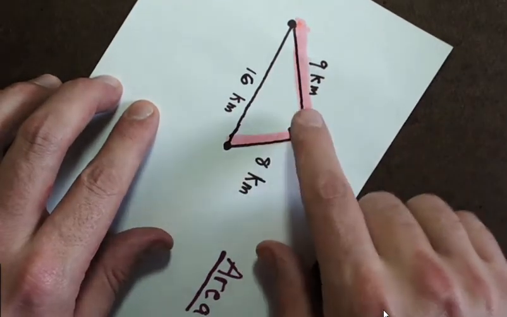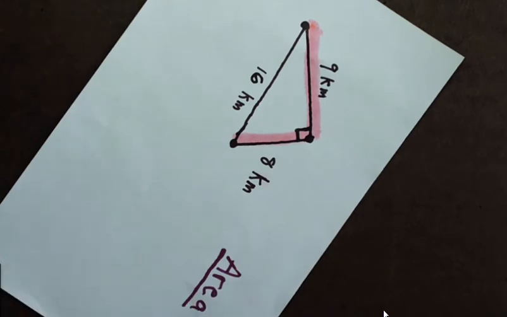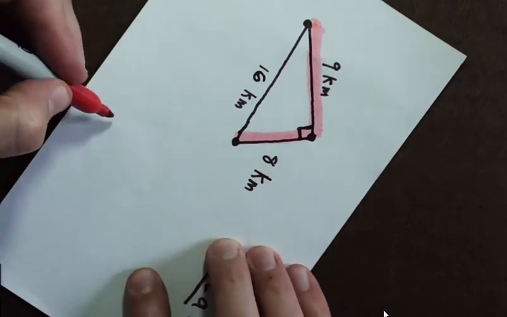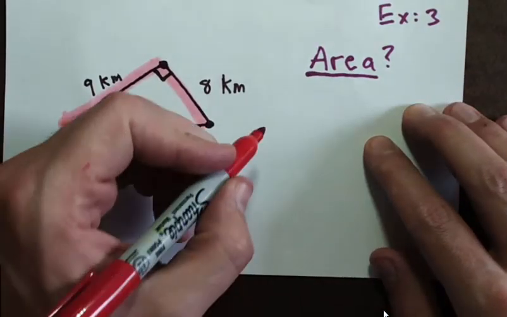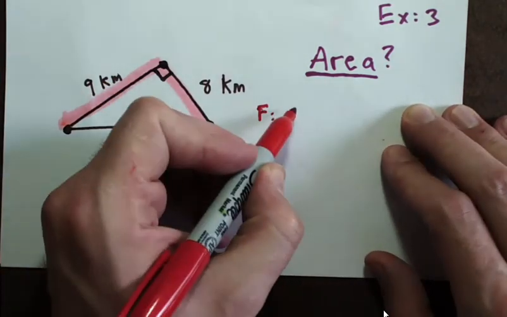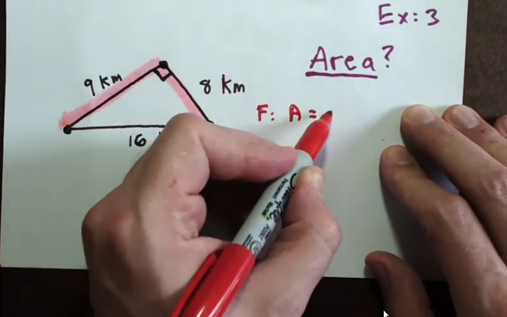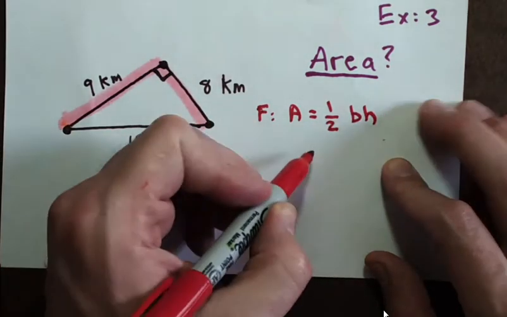So our base is 8 and our height is 9. Okay, so we'll turn it back over here like this. So we say our formula is area equals 1/2 base times height.